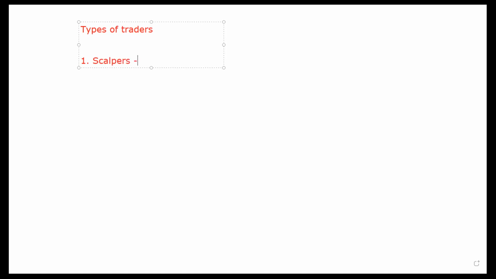Scalpers are people who hold their trades for maybe a few seconds or a few minutes. These are people that open a trade and close it quickly.